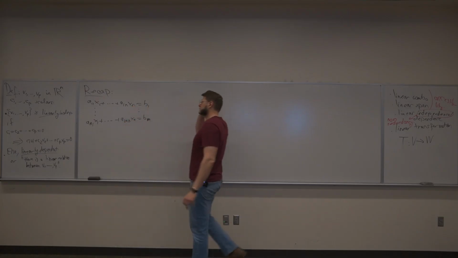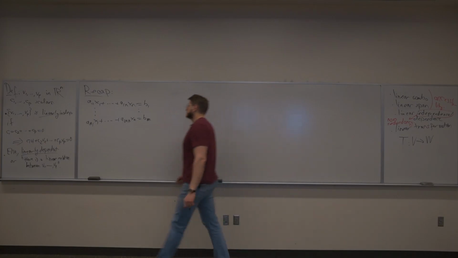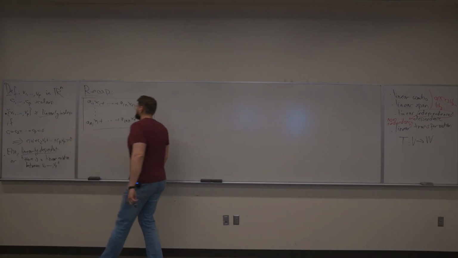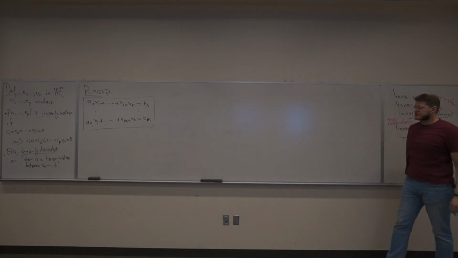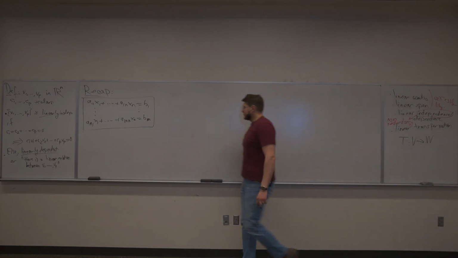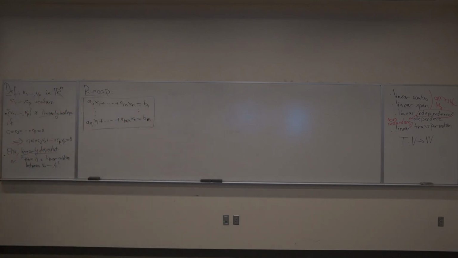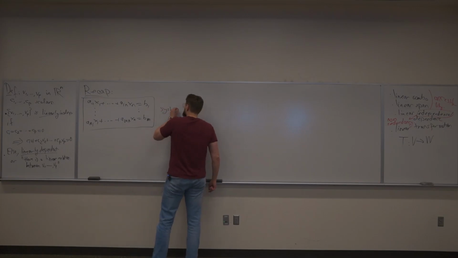This was how we started. We looked at specific cases of this, but this is a general system. Here, aij's are given numbers typically, and bi's are also given numbers. And then you're trying to solve for xj's. And so this is a system notation.